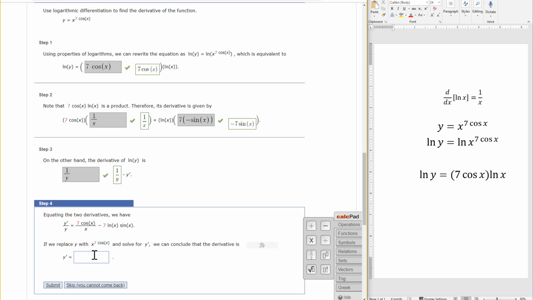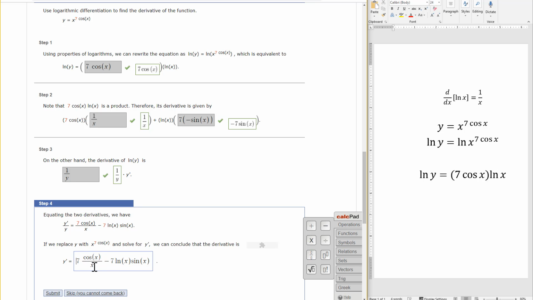Let me do this in pieces first. 7 times the cosine of x divided by x, plus negative, so that's just a minus 7 times the ln of x times the sine of x. Now this whole thing is the right hand side, and the left hand side is y prime over y.